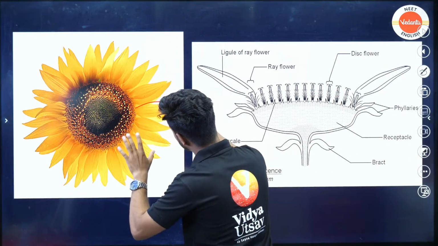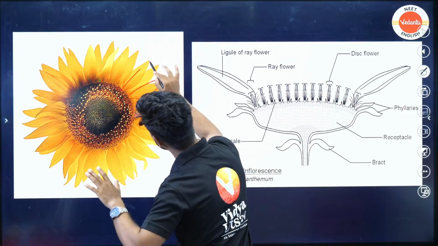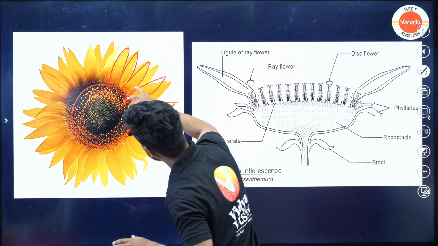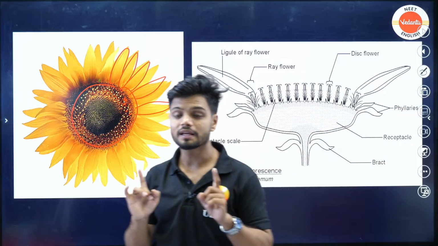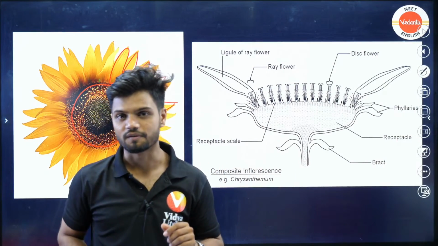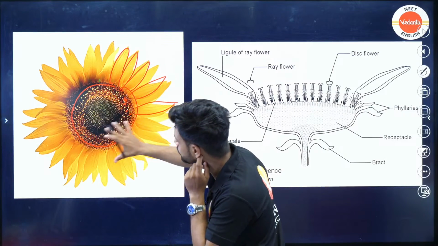Do you see this particular thing here? Each one inside, in the middle also, each one is a flower here, not an inflorescence. So we have two types of flowers here.